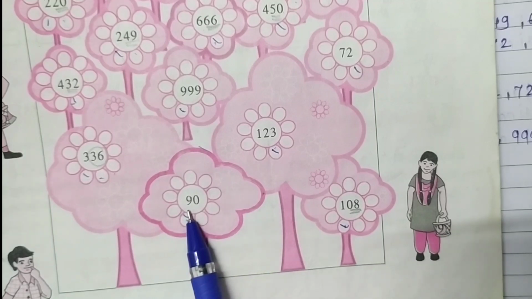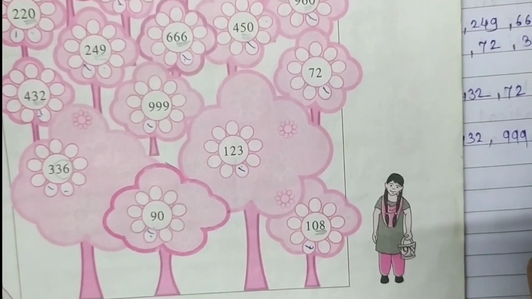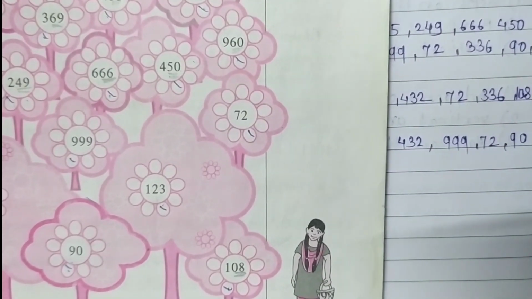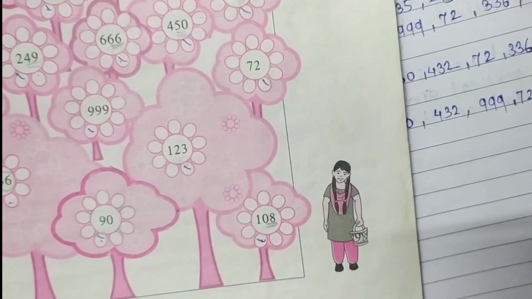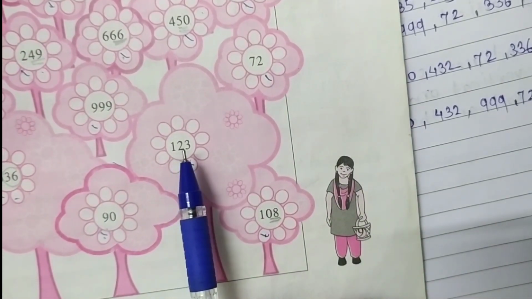Now the next number is 90. 9 plus 0 is 9, and 9 is divisible by 9. So we can write here number 90 for our basket of 9. Now the next flower is 123.